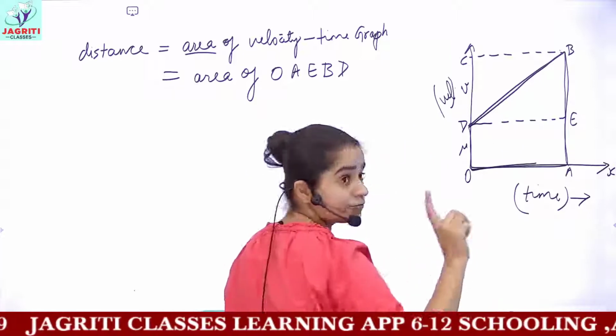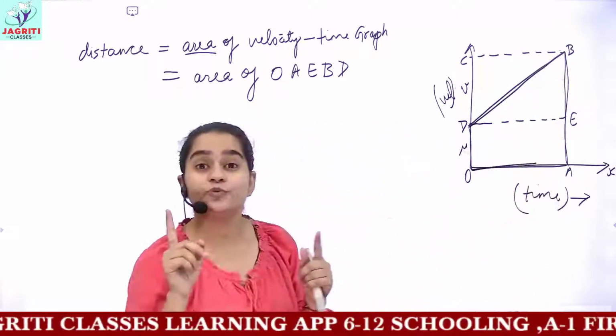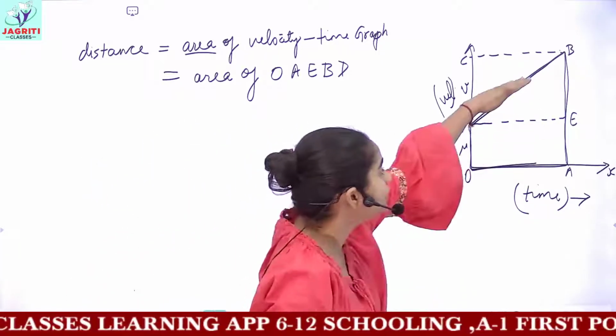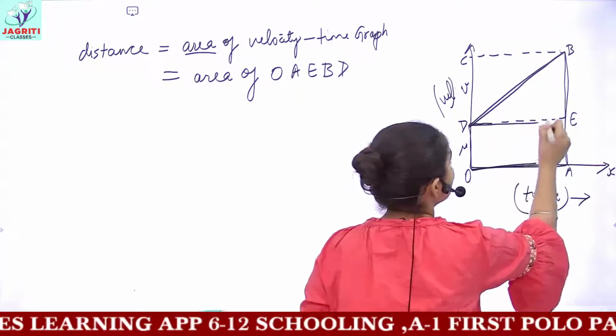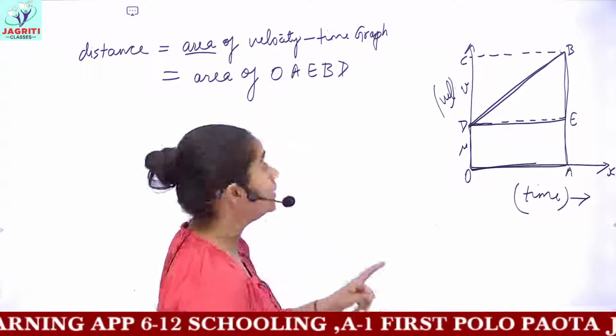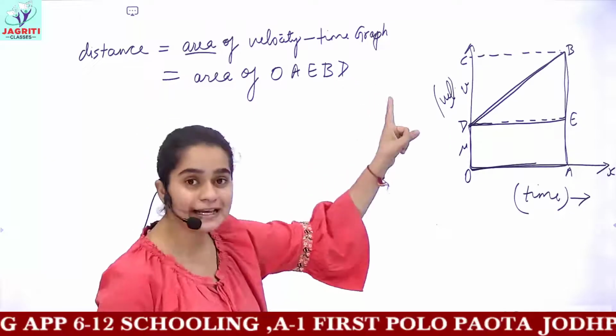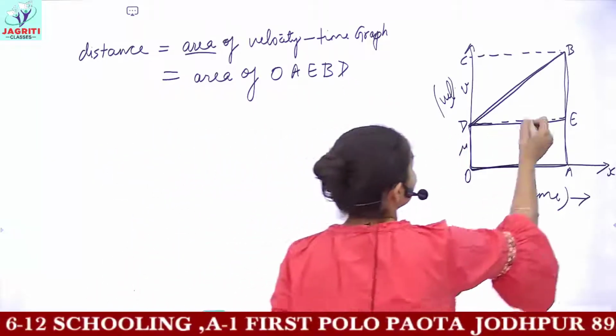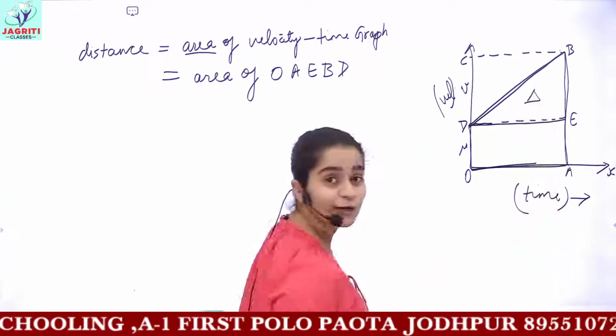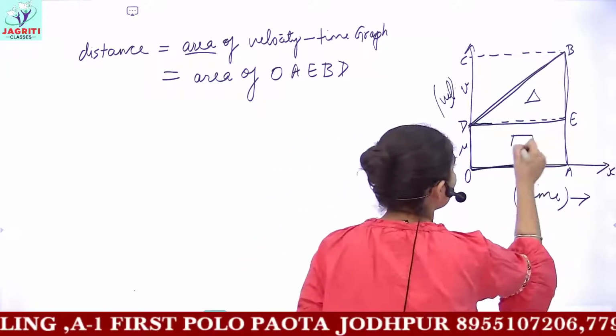To find the area, I am dividing the shape into two segments. I made a line DE and divided this complete OAEBD into two. You can see that this is a kind of triangle and next you have a rectangle.